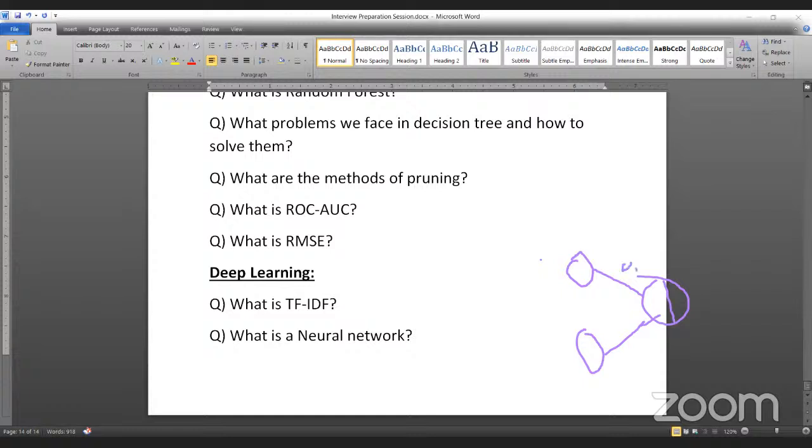Suppose we have weight 1 and weight 2, and inputs x1, x2. It first gives us x1 w1 plus x2 w2.